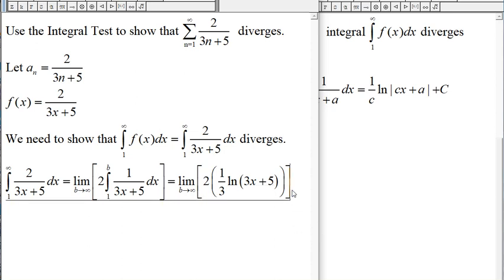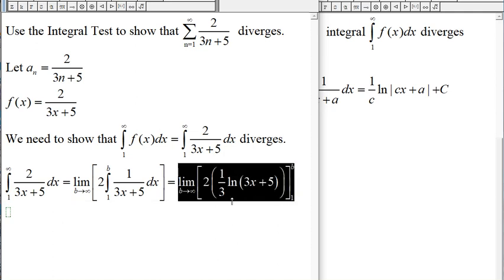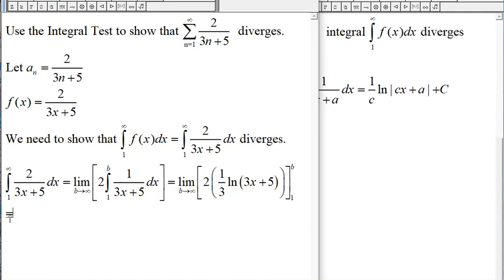And then we need to evaluate from 1 to b. And so this becomes this. 2 times 1/3, that would just be 2/3.